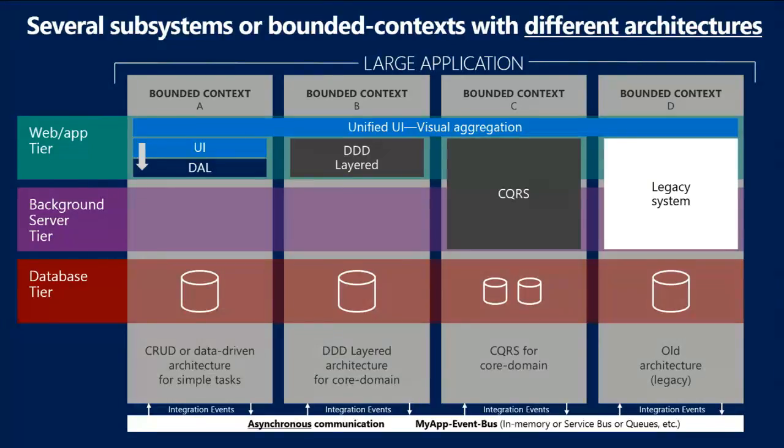If it is a large application, maybe the first subsystem I have is about data maintenance, just maintaining tables, or just because it is a data-driven area of my application, the architectural approach could be simple. Could be having just a user interface and data access layer, and that's it, and accessing the data.